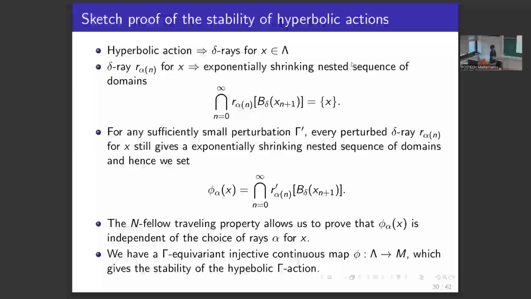So we define this point by some phi prime of x. Okay, so this is defined by a code alpha for x. Okay, but this unparalleled traveling property gives the well-definedness of phi prime of x. So that means that phi prime of x is independent of the choice of the code alpha.